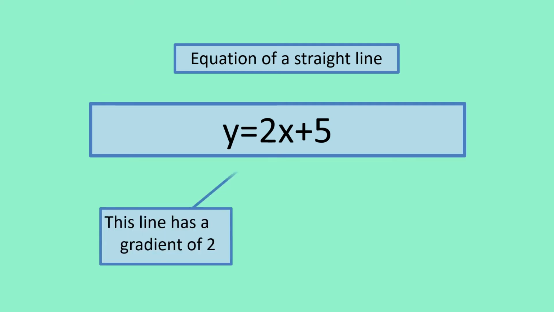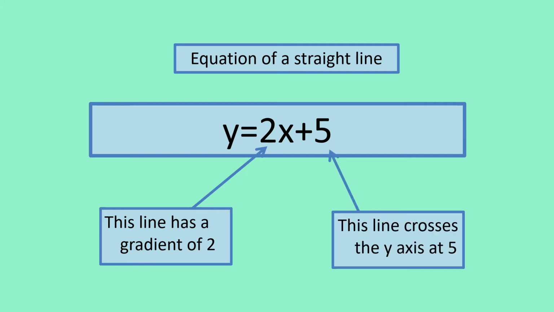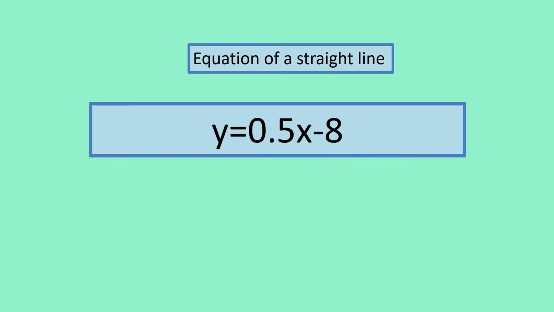So the gradient of our line is 2, and the y-intercept of this line is positive 5. The plus sign belongs to the 5. It tells us that that is a positive 5.